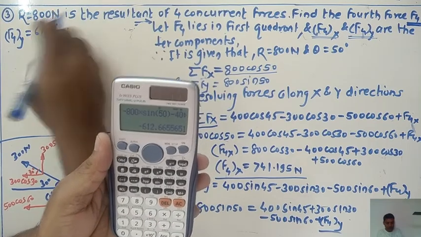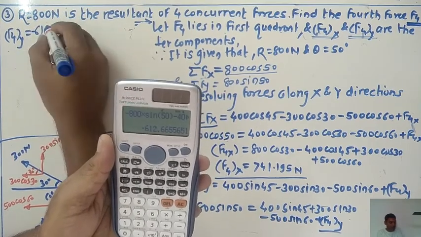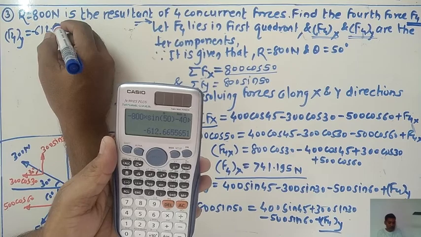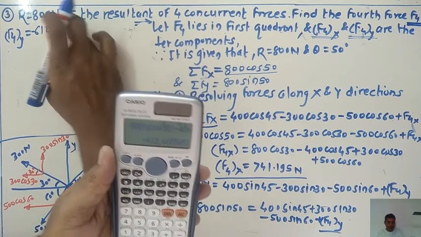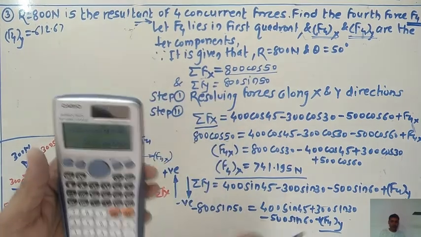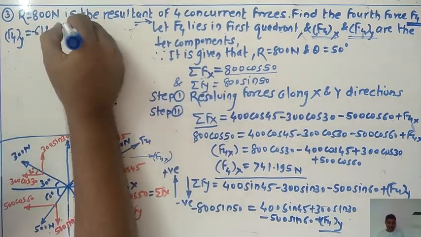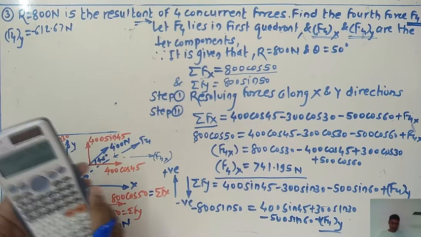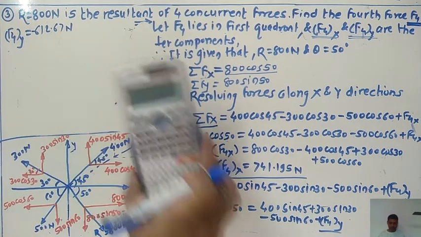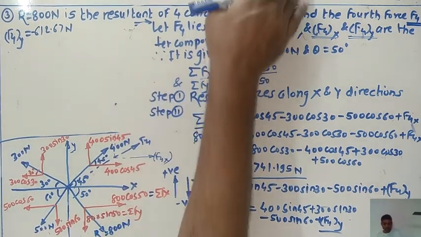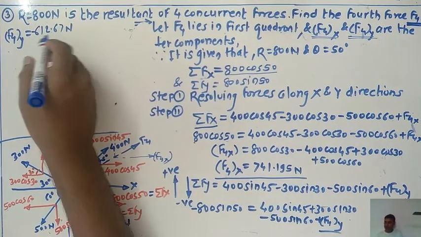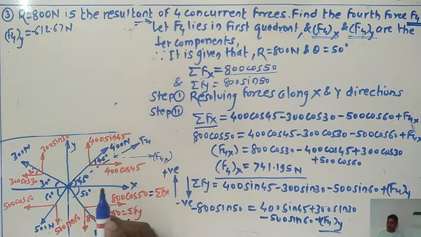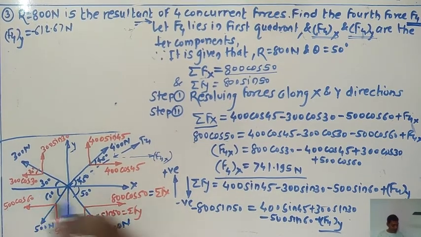Minus 612.665, which means I'll increase the previous decimal by 1. In this way I can get the component of the fourth force along the y direction as minus 612.67.